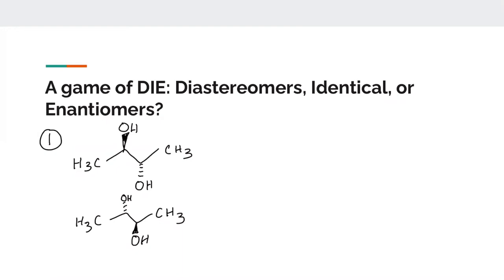To determine whether they are diastereomers, identical, or enantiomers, it is often helpful to redraw these molecules. So first, I'm going to rotate this bond so that the molecule now looks like this. And how did I do this?